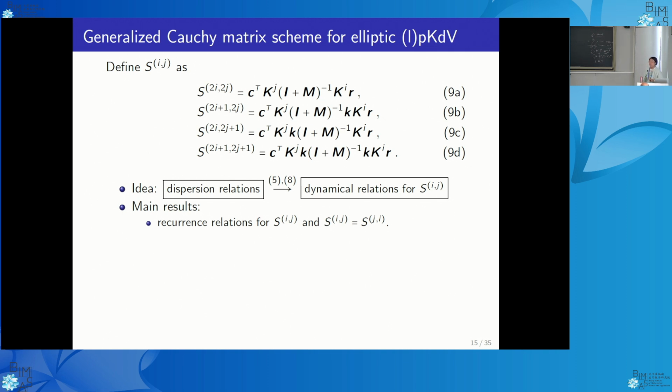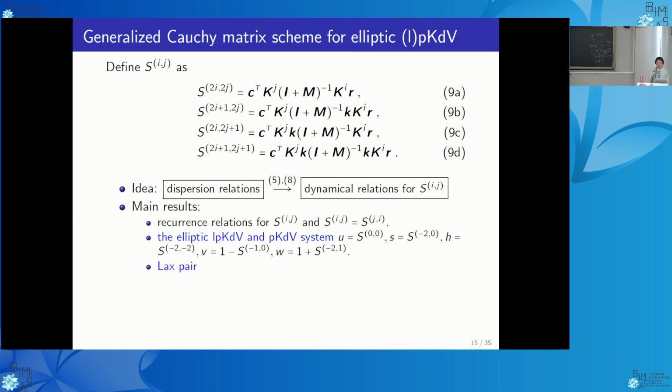By the way, in the KP case, there's no symmetry property for Sij, as well as recurrence relations. By selecting particular integers for ij, we get the elliptic KdV system, and we can also get its Lax pair and new solutions.